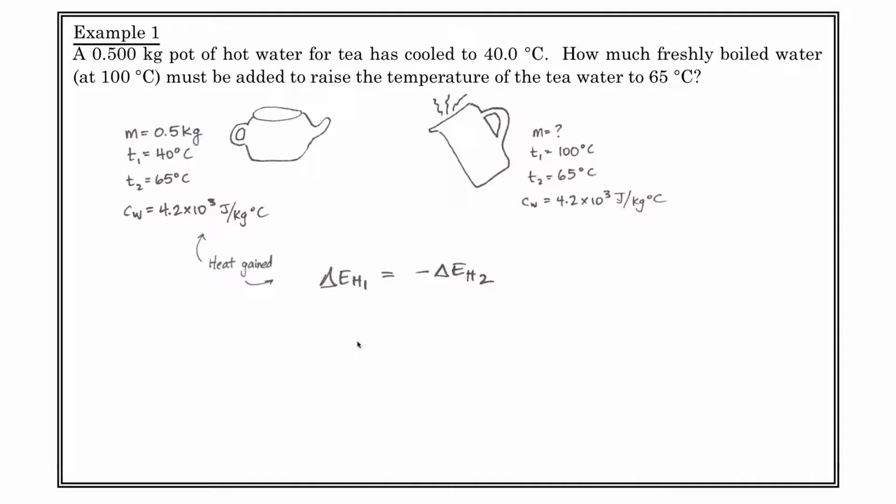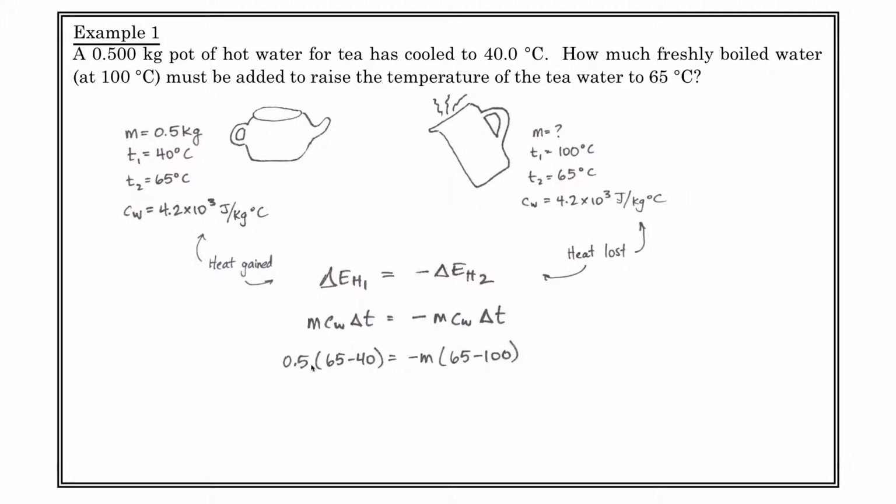So this one is heat gained, and that's why it's plus. And this one is heat lost, and that's why it's negative, so that it's very clear. Same formula: m c delta T equals minus m c delta T. And of course, look what you're going to see: the c_w's will cancel out, so we didn't need to worry about them.